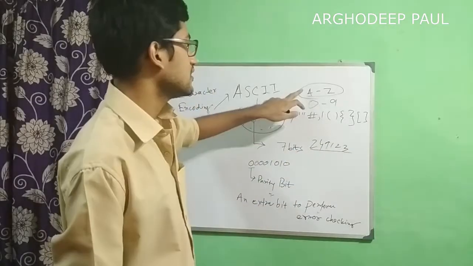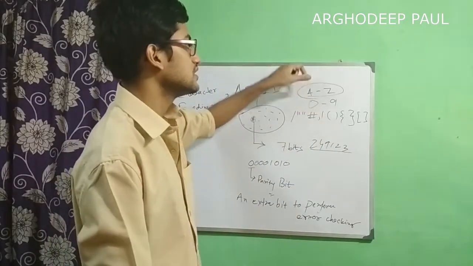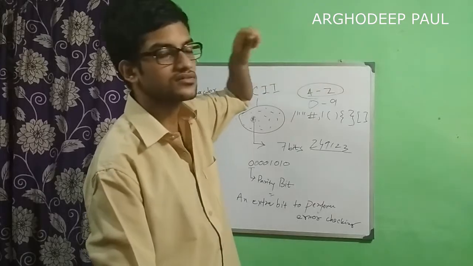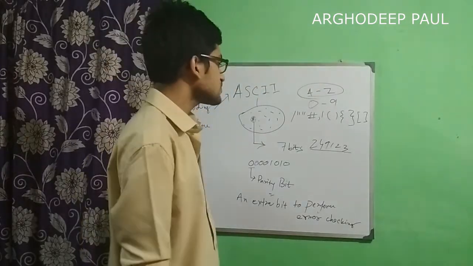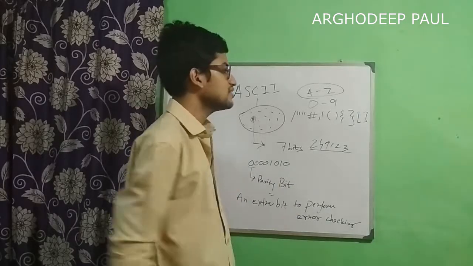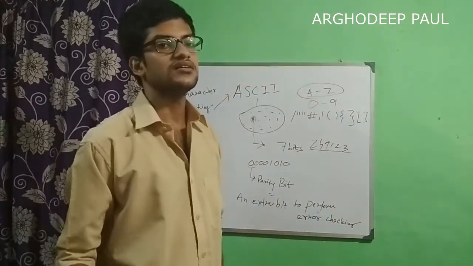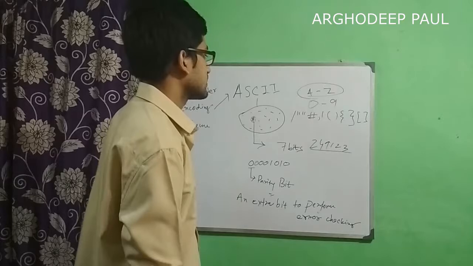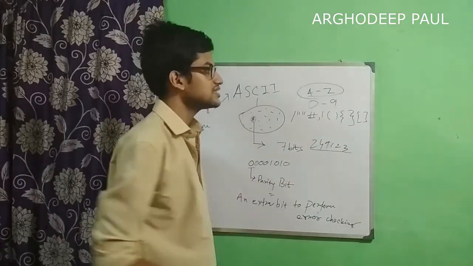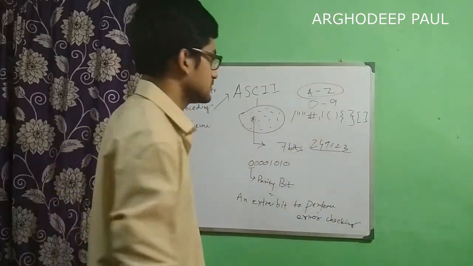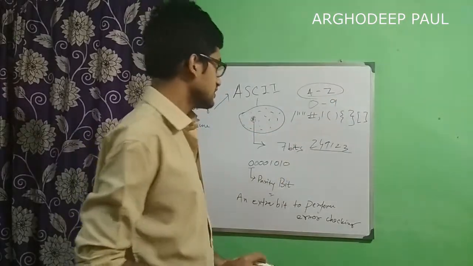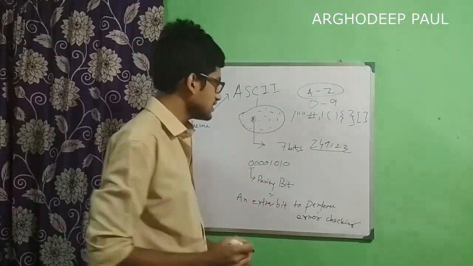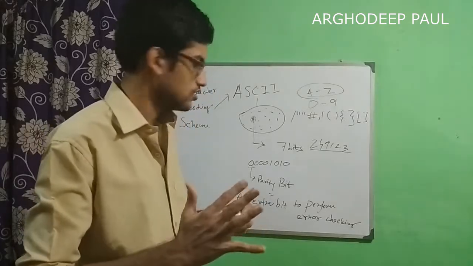The letters used in the English alphabet can be called characters. The 0 to 9 can also be called characters. Special characters are also characters, and all these characters are included in the ASCII character set or character pool.